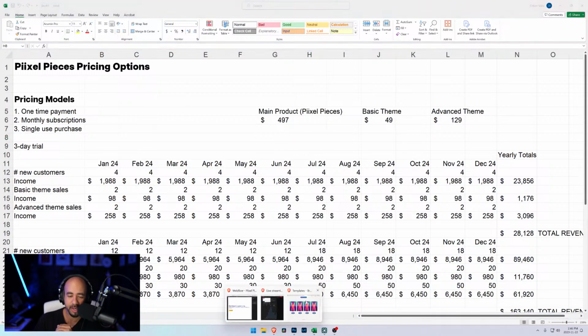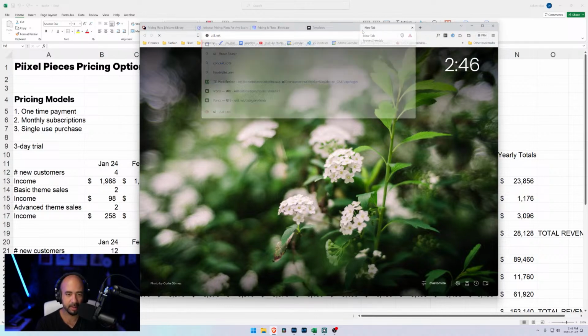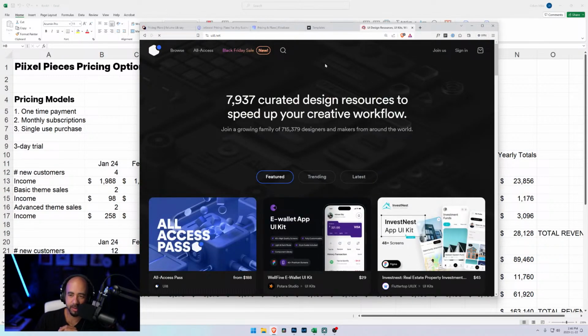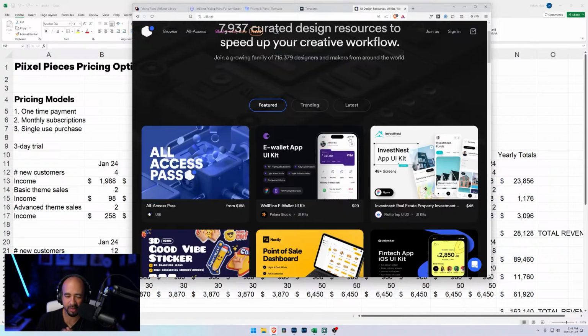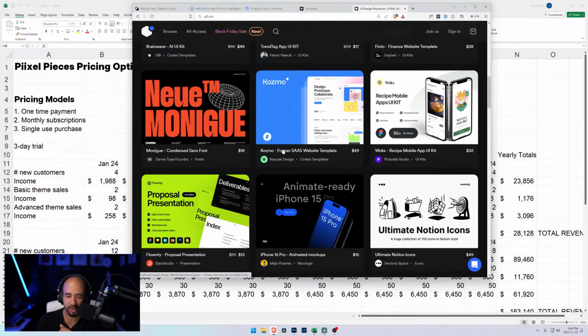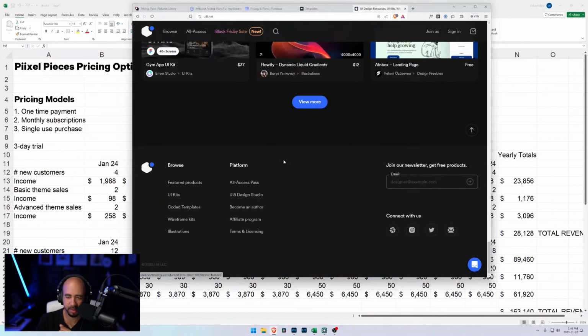So I would say, actually, not everyone. The company that I do like is these guys, UI8. They basically sell resources for designers, like templates and fonts and illustrations, kits, and so on. Where's pricing? Is this going to be an infinite scroll?